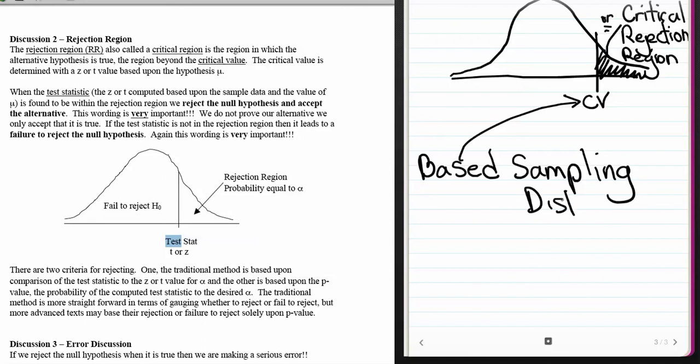So that's the thing that we need to discuss next: how do we determine what value this critical value will be and how will we get to that? So I'm going to hold off on that until we get to the next video because I'm just about out of time. So we're going to talk about sampling distributions for different population parameter estimates in the next video.